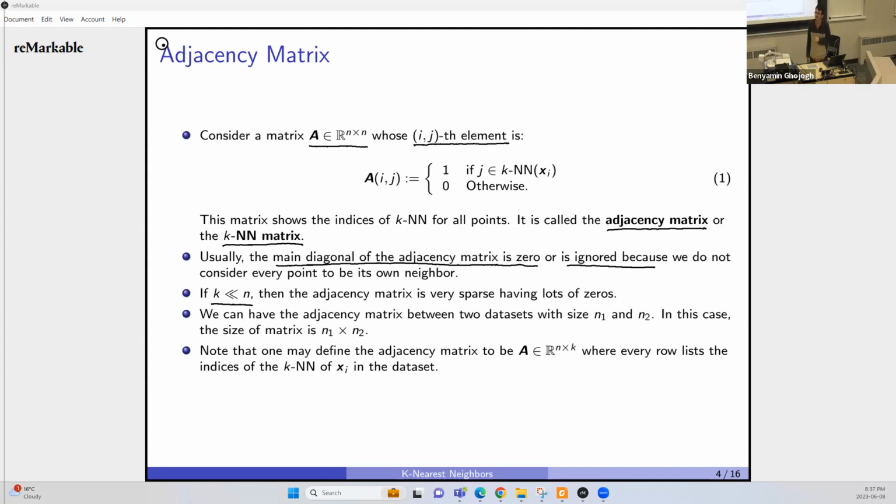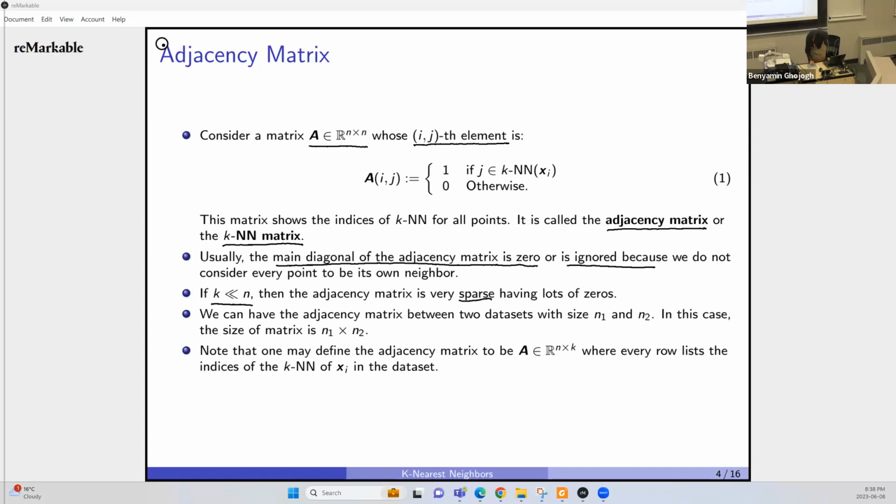Then the adjacency matrix will have a lot of zeros, so it is sparse. Otherwise, if k is close to n, most of it is 1. And in coding, we can store sparse matrices as only the indices where the matrix is not 0. So in coding, we can write it in a compressed format in storage.